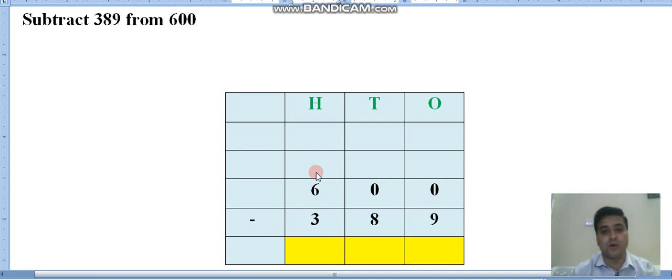Now you decompose 6 at hundreds place. From 600s you will take 1 hundred to tens place. So when you take 100 to tens place, what is left in hundreds place? 5. 600s minus 100s equal to 500s, and you know 100 is equal to 10 tens. 10 tens plus 0 tens will be 10 tens only.